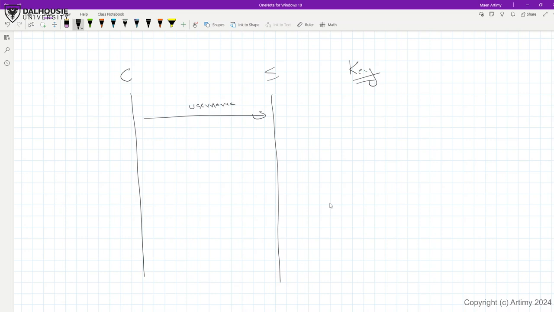the server generates a random number and sends it to the client. The client, now using this key and the common encryption algorithm, will encrypt the number and also add part of the username or a PIN or something that the server already knows, right? So in our example, we use a PIN.